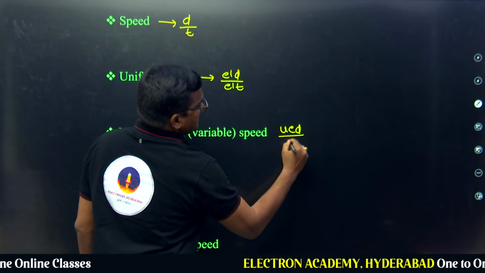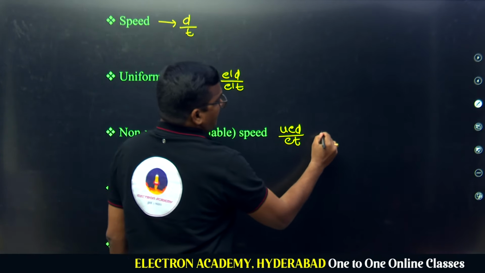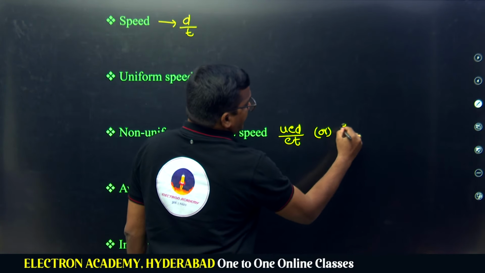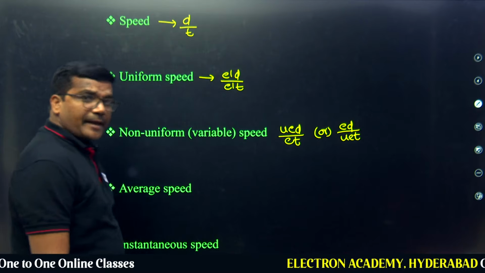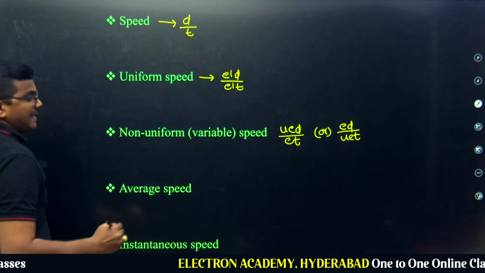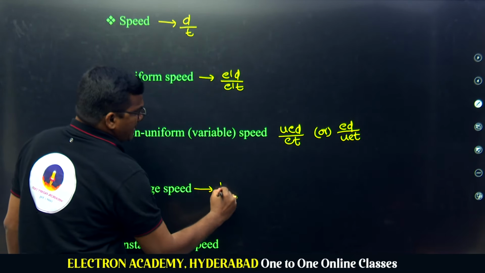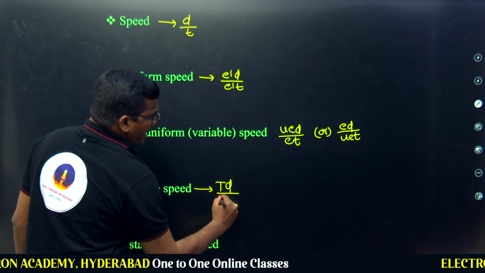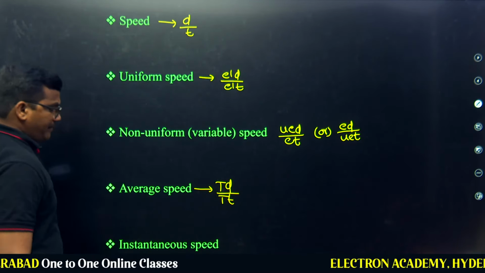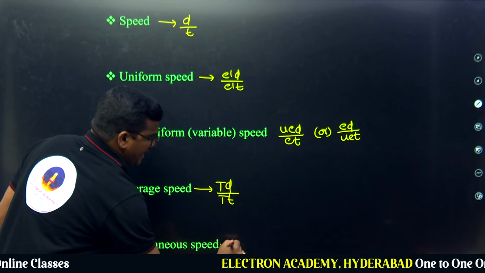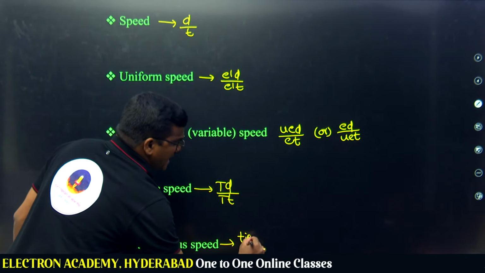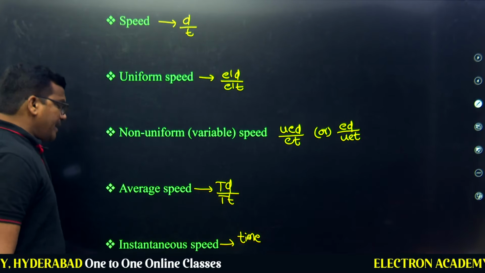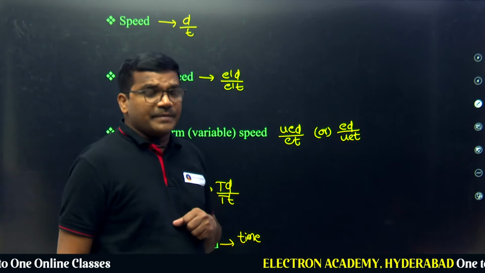Unequal distances in equal intervals of time or equal distances in unequal intervals of time. Next, average speed. What is average speed? Total distance by total time, right? What is instantaneous speed? Speed of a body at a particular instant of time, right? That is called instantaneous speed.